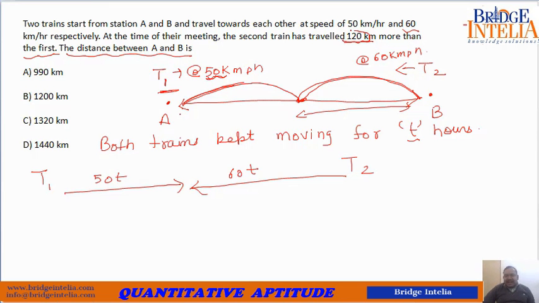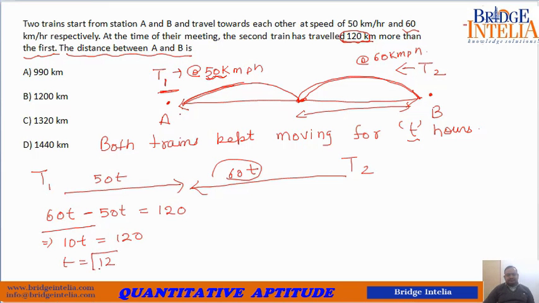That's why it is said that the second train has traveled more. 60t is more than 50t. 60t minus 50t is the extra distance the second train has traveled, and this is given equal to 120. So from here 10t is equal to 120. t comes out to be 12. t is equal to 12.